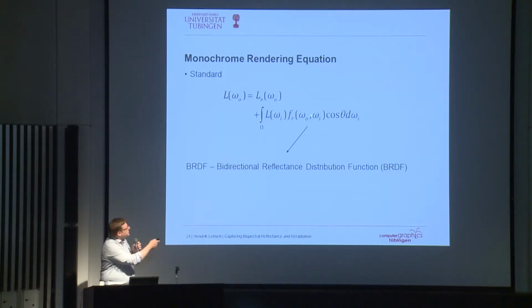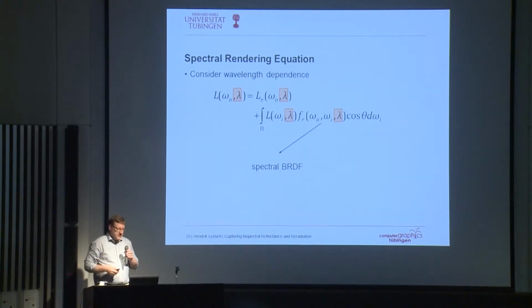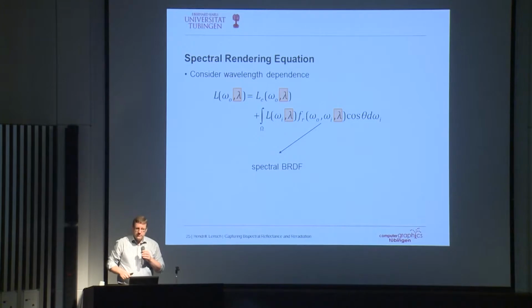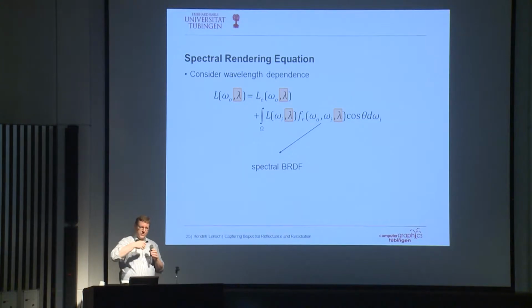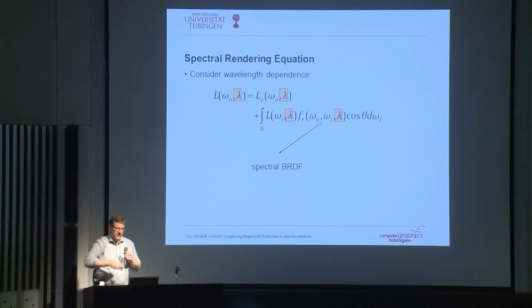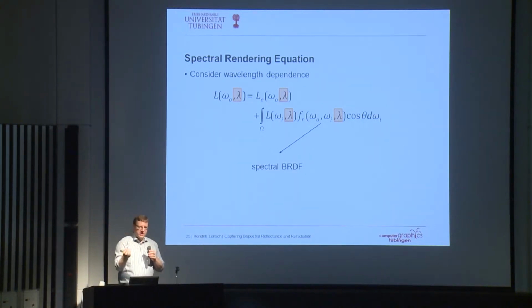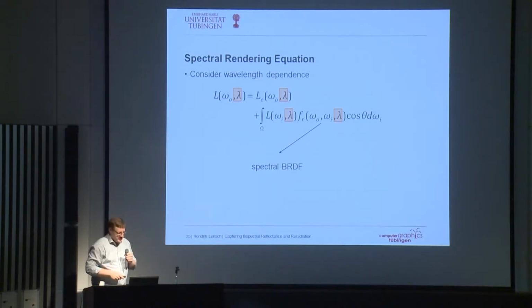This is called the BRDF, which just describes reflectance. Now, of course, it's easy to extend that to the spectral rendering equation, where you just add a single wavelength parameter to all of your terms, and then can, not only for red, green, blue, but for all possible wavelengths, simulate how this light transport happens. Okay, so that's easy enough.